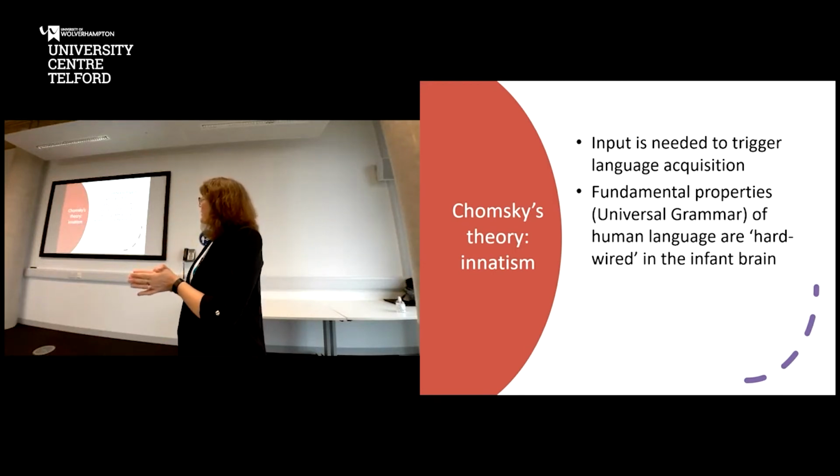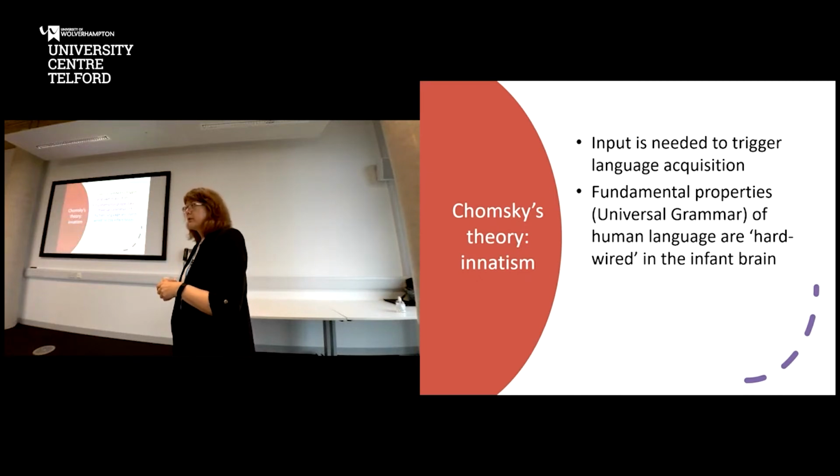And the fundamental properties, which he called the universal grammar, are hardwired in the infant brain, and as long as the child gets lots of input, they will work the rules out for themselves.